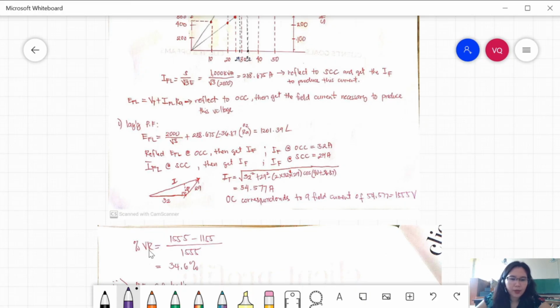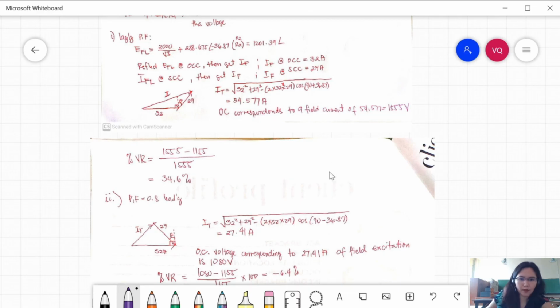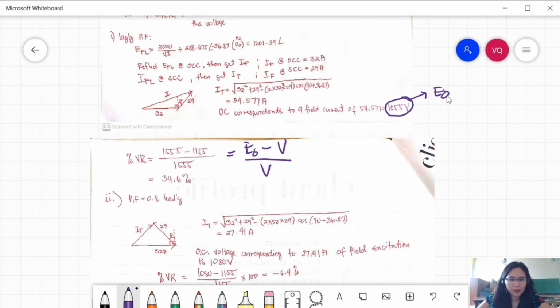Then you are now ready to solve for the percent voltage regulation. So that is EO minus V divided by V. This 1555 is our EO. So 1,555 minus 1,155.